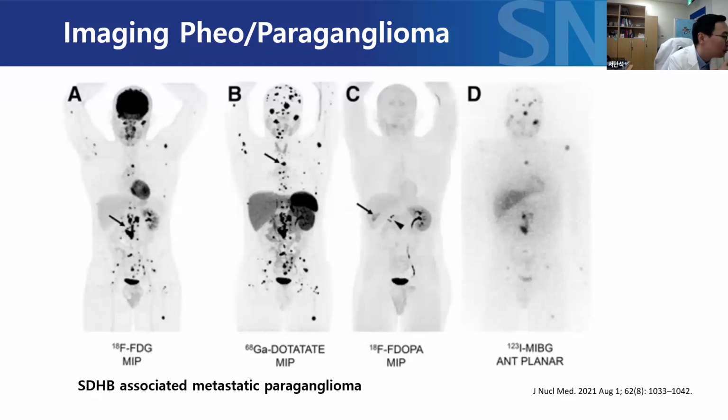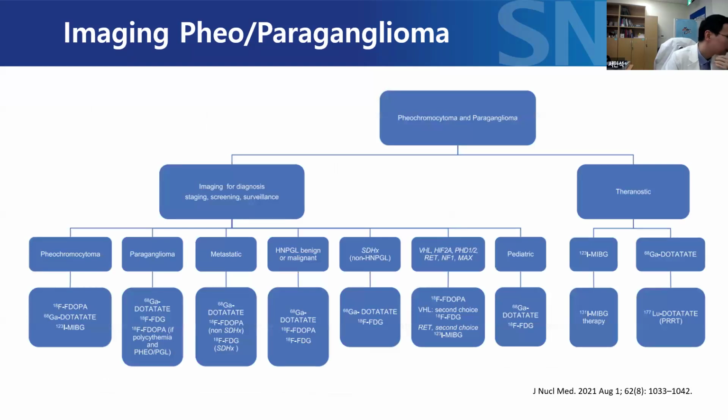In comparison, patients with SDHB-associated mutations typically show very high somatostatin receptor uptake and often high FDG uptake compared to F-DOPA or MIBG uptake. So these imaging agents might be more valuable for identifying such patients with mutations.